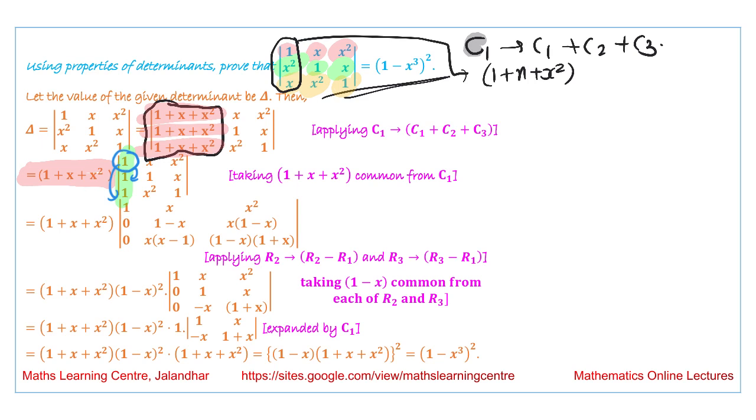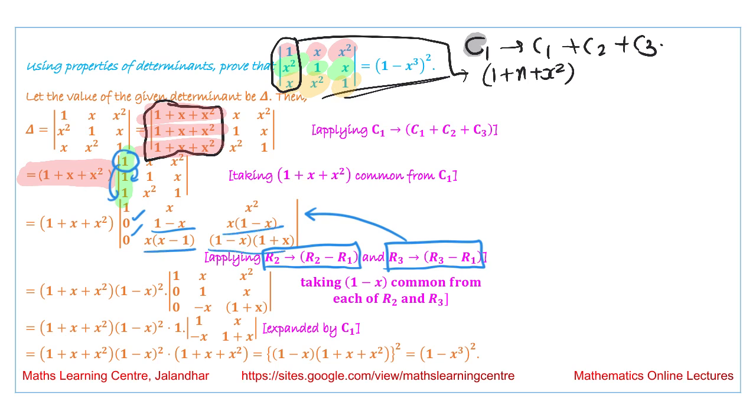So we have performed the operation that row 2 approaches row 2 minus row 1, and row 3 approaches row 3 minus row 1. So these two terms will become equal to 0, and when you subtract, these values come in this form.